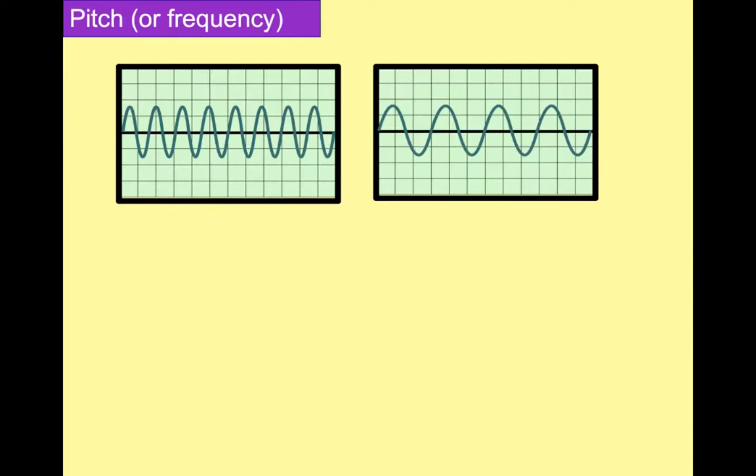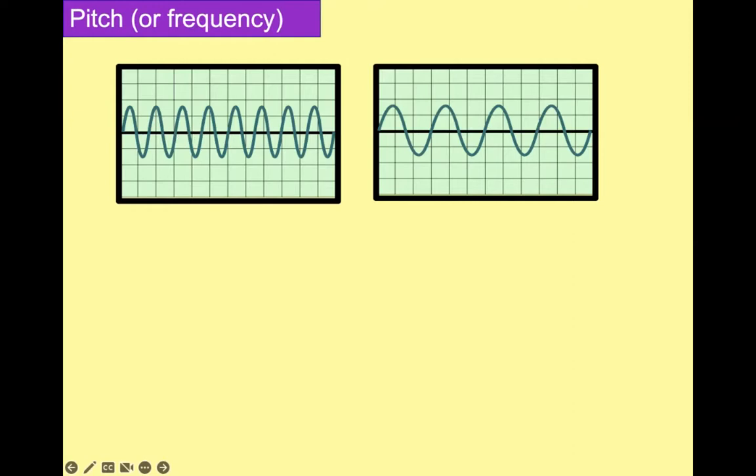The shorter the wavelength of the waves, the higher the frequency of the sound. In this picture here, you can see that the wavelength is very short. The waves are very packed with each other. So this is called a high pitch sound.